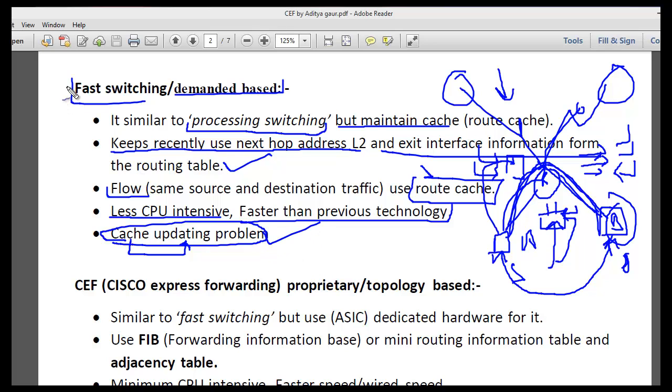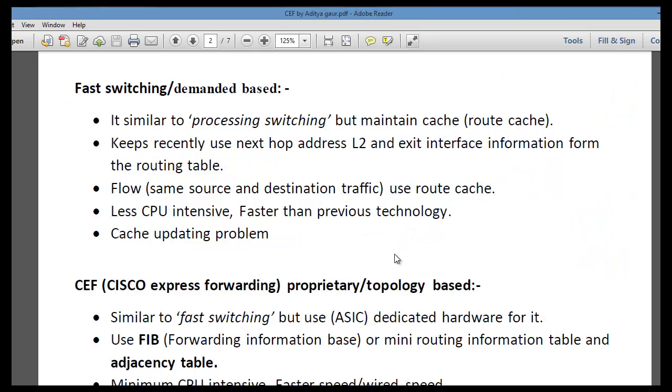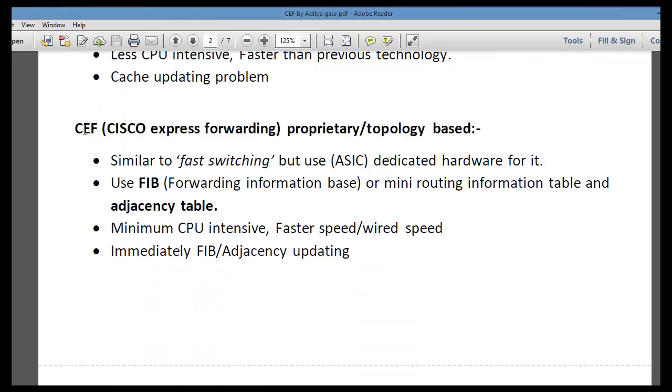So fast switching is obviously faster than the previous switching technology. Later on Cisco used their own proprietary technology known as Cisco Express Forwarding. This is similar to fast switching.